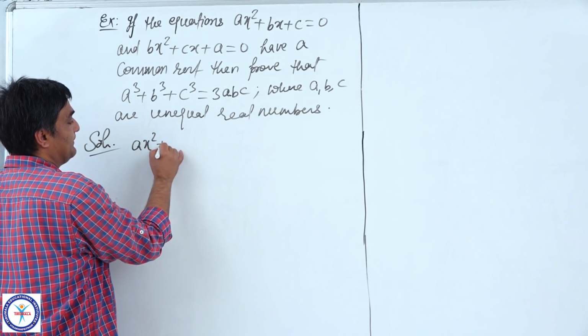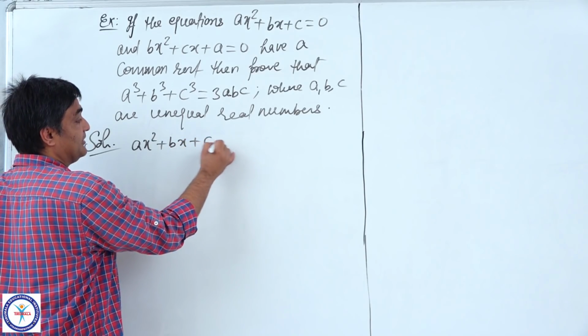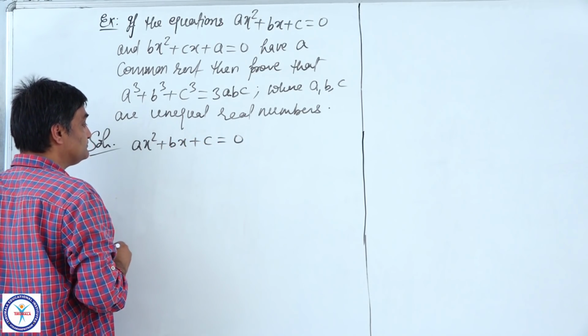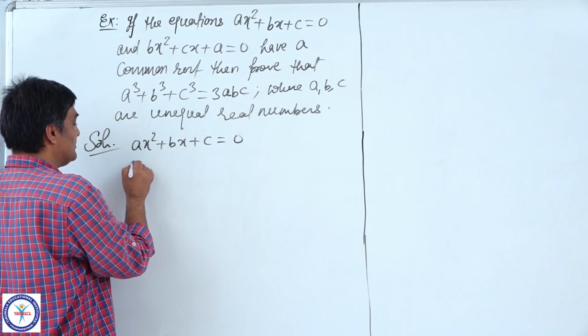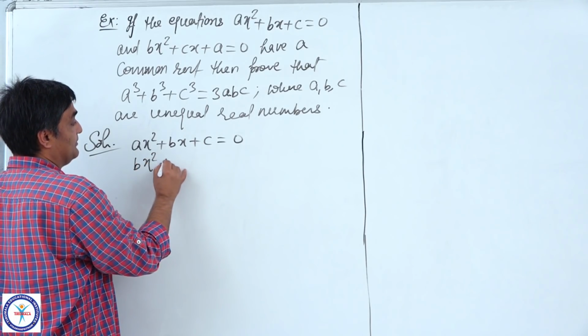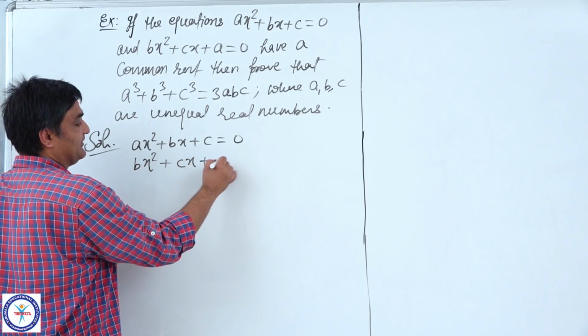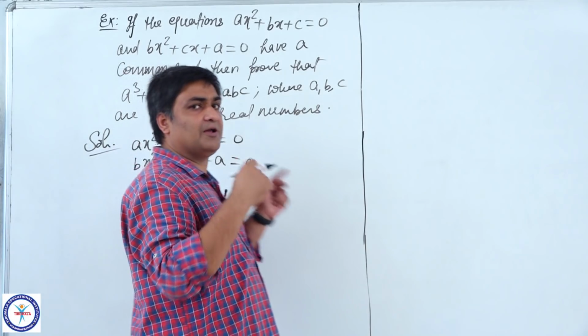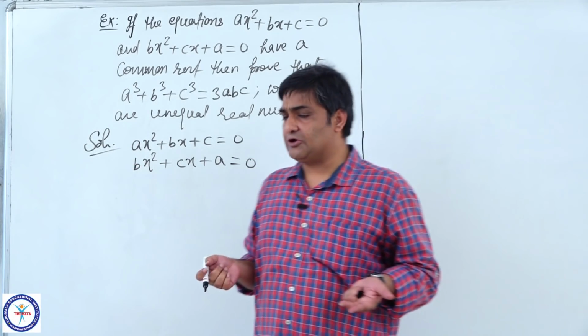Ax square plus bx plus c equal to 0. bx square plus cx plus a equal to 0. Now let alpha be the common root.